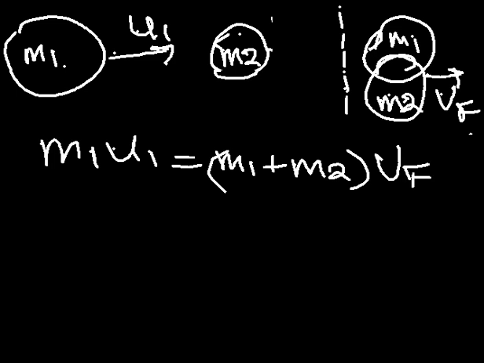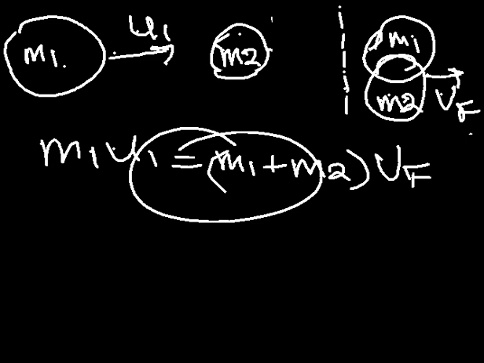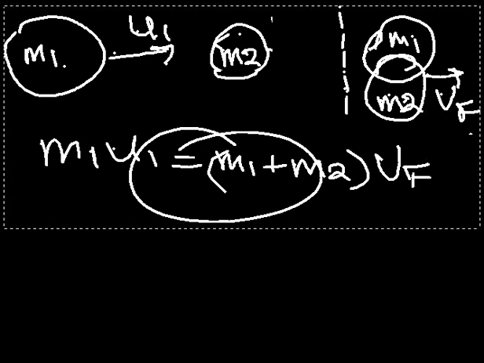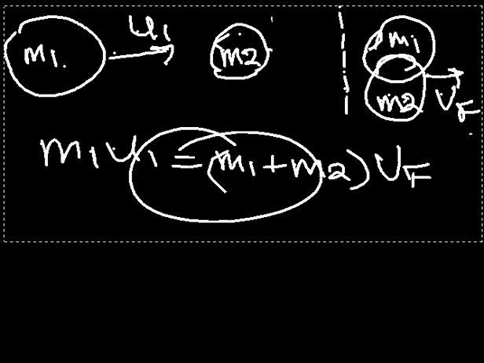Upon colliding, where one object is initially at rest, and they collide inelastically, this would be the formula. So that's how an inelastic collision can be expressed in one dimension.